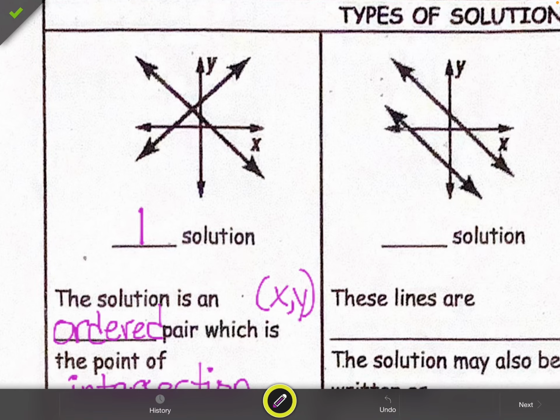One answer, just one answer works for both. And when you graph it, again, what will happen is your two different lines, which are represented by your two equations, will intersect. And where they intersect will be the answer that works in both of your equations. Okay, so that's the first type of solution you can have. You graph the two lines, they intersect. Where they intersect is your solution.